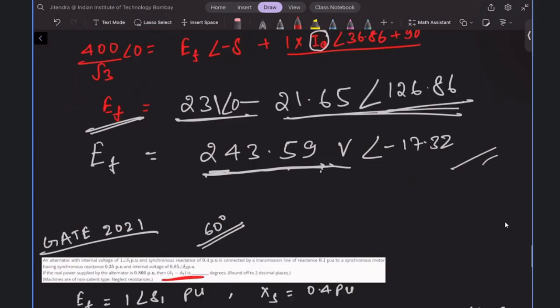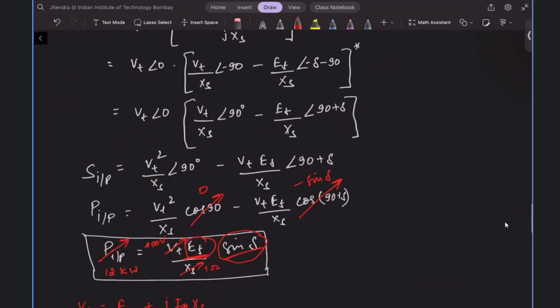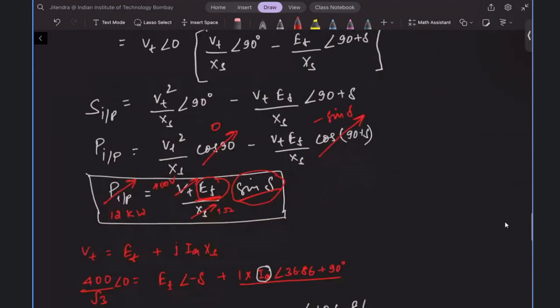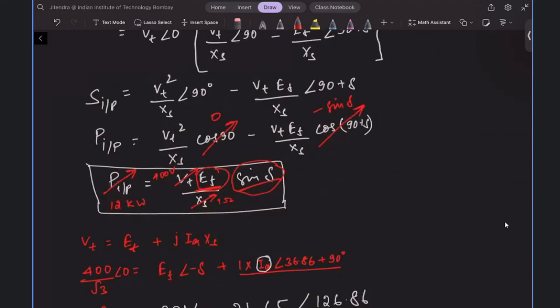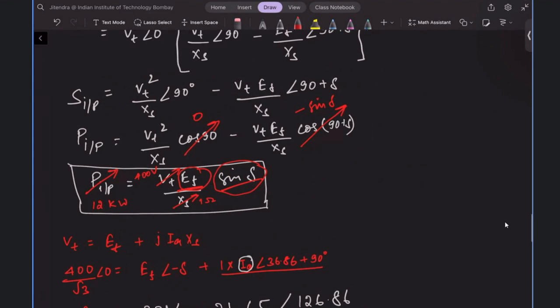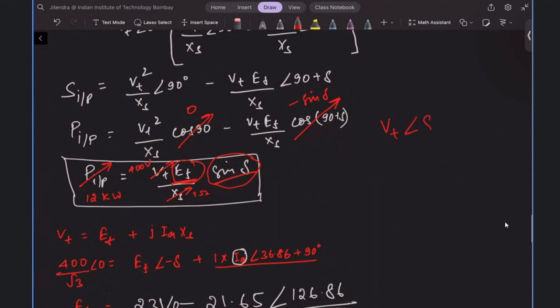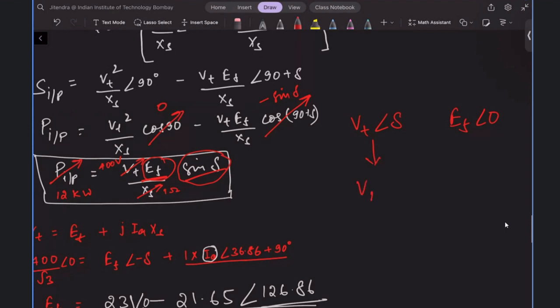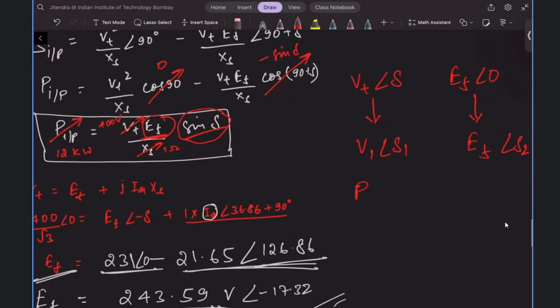So in the last case, let me go back there. Did I derive it for the previous problem? We ended up with VT EF by X sine delta, right? VT was VT angle delta, and EF was EF angle zero. If instead of VT angle delta and EF angle zero we replace them with V1 angle delta 1 and EF angle delta 2, then what would the expression of power be?